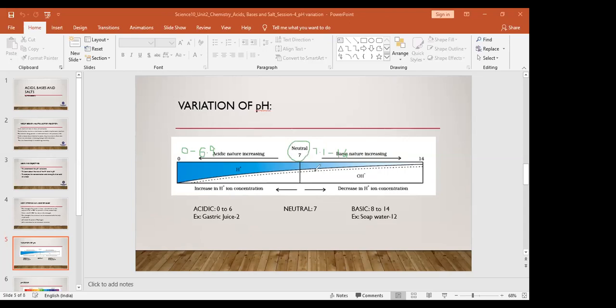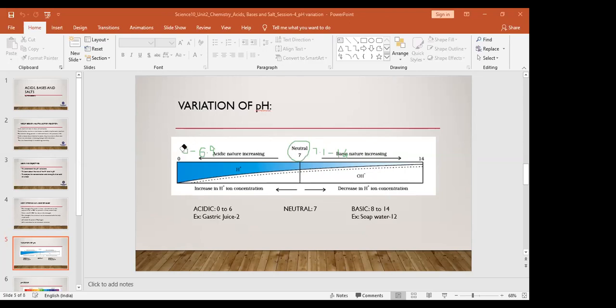Again, when the count changes from 7.1, it becomes slightly basic. Now, if I take whole numbers into consideration, then it will go from 0 to 6.